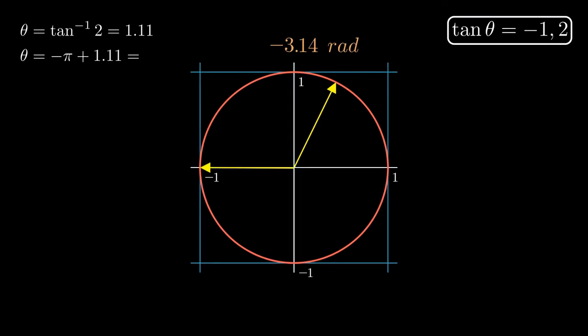Negative pi plus the reference angle is going to give me my next answer. Let's see what it looks like on the unit circle. So I start at negative pi. We travel in a counterclockwise direction. We go 1.11 radians from negative pi, and it gives us negative 2.03.